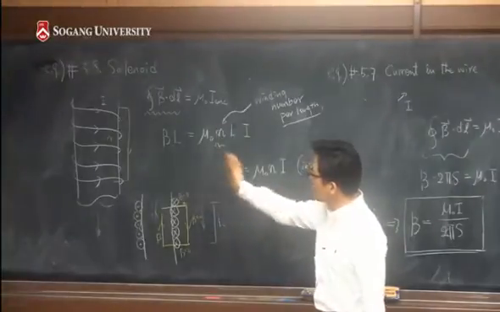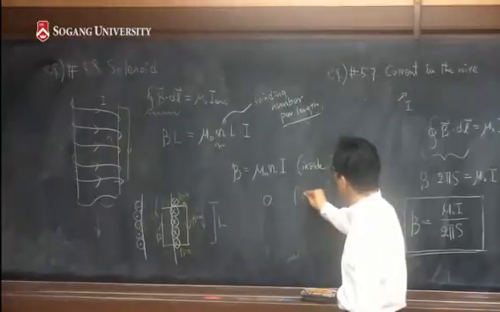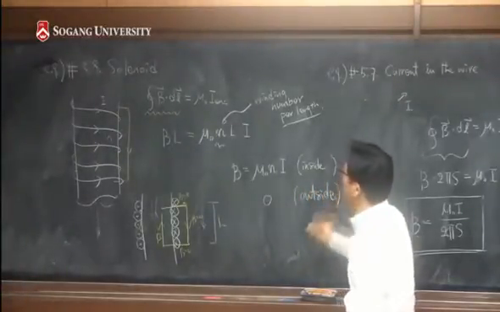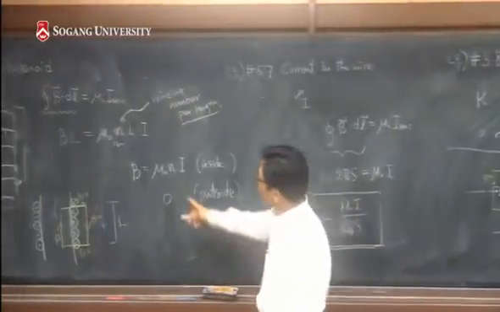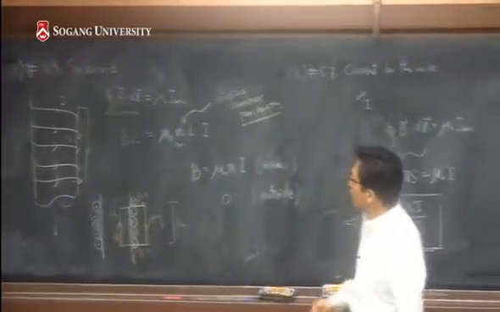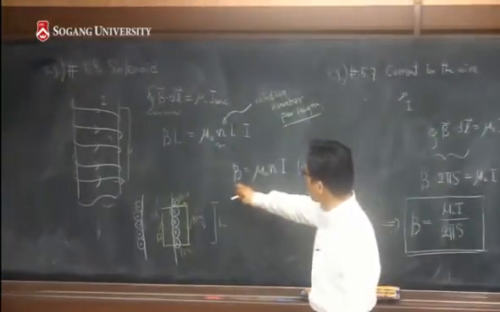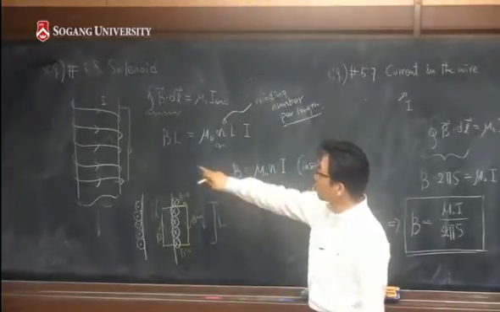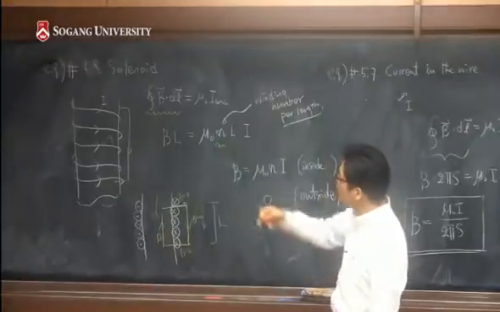Okay? So this solenoid is some kind of device where the magnetic field inside of the wound wire is uniform and directly proportional to the amount of the current.